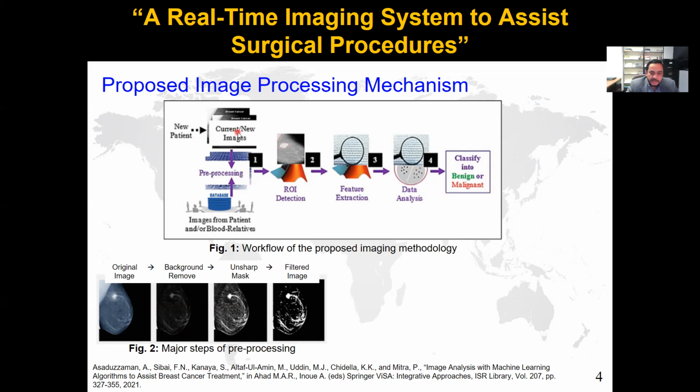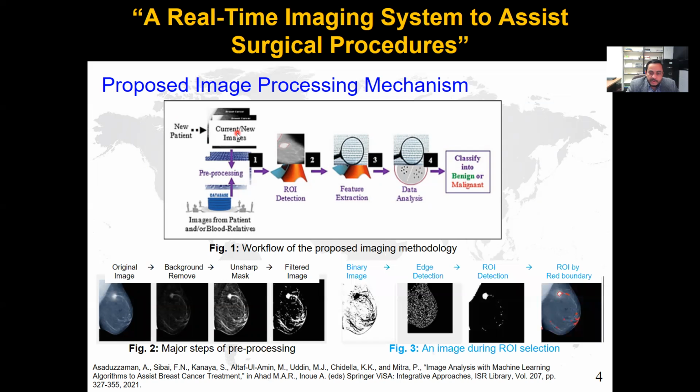That filtered image is used for region of interest detection. So we feed that binary image, and then it goes through the edge detection process. And after edge detection, as we see, it filters again for the region of interest. For some images, there may be more than one region of interest.